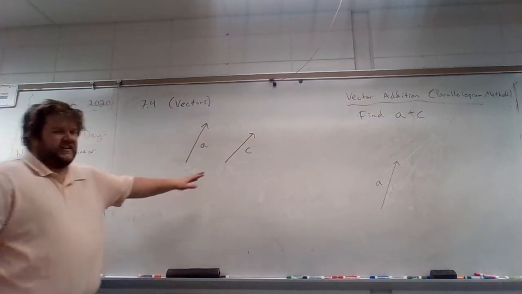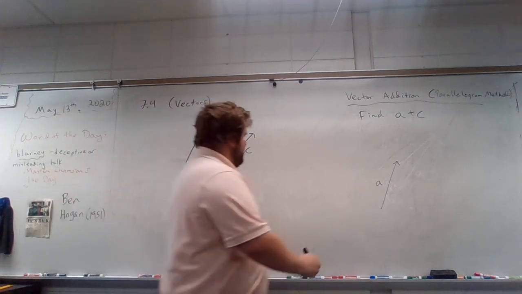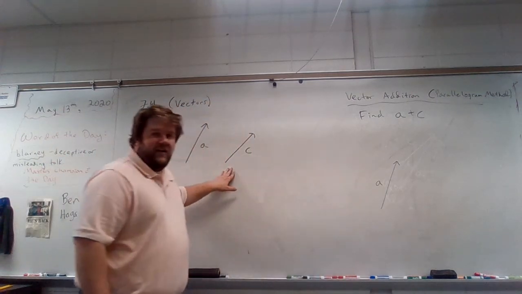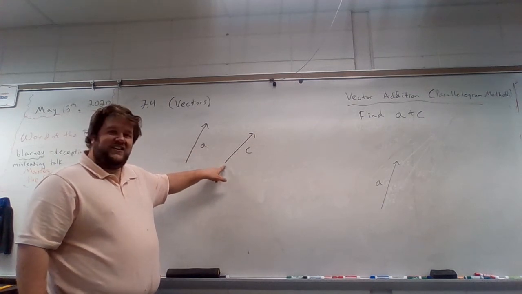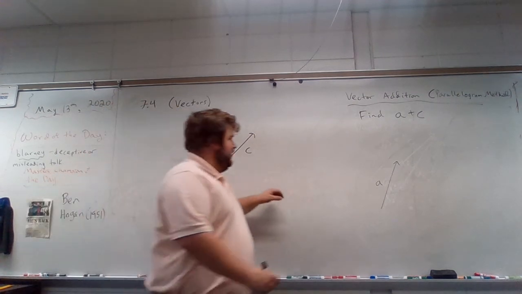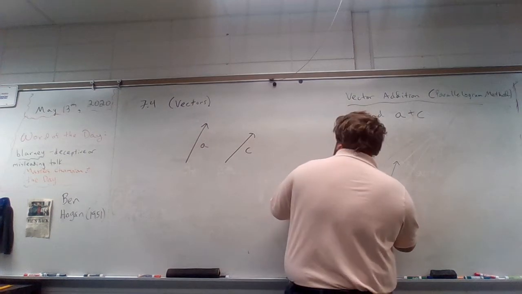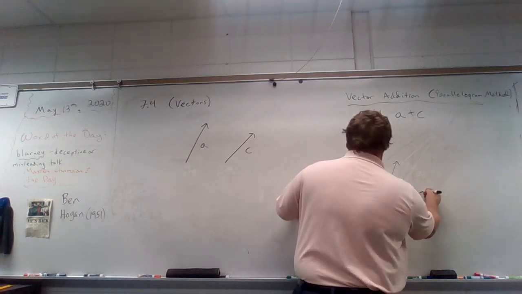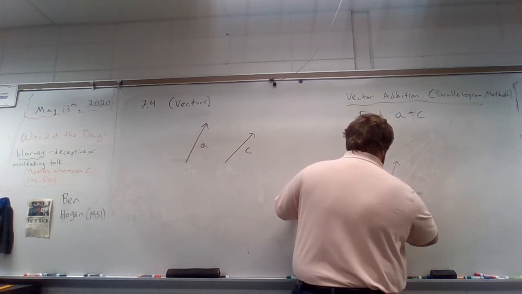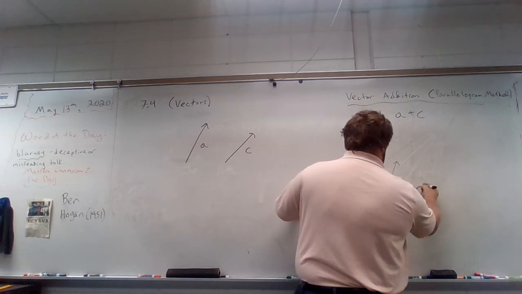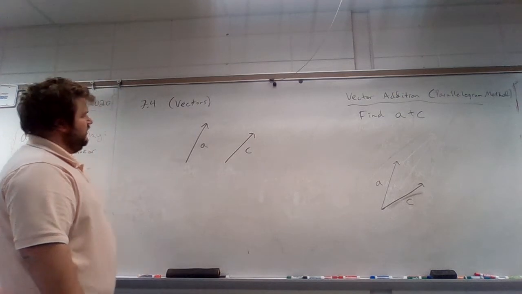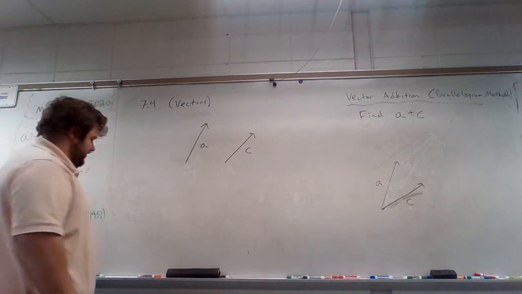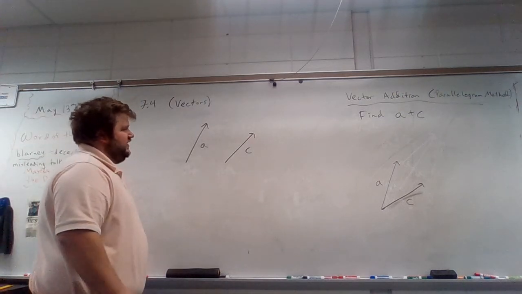And I would put C down, so make a copy of C, same direction and length. But when I'm doing the parallelogram method, I actually put the initial point of C at the initial point of A. So for this method, I would put C, try to make it the same direction and everything. That looks about right. It's not a perfect science there. We're just trying to get an idea.